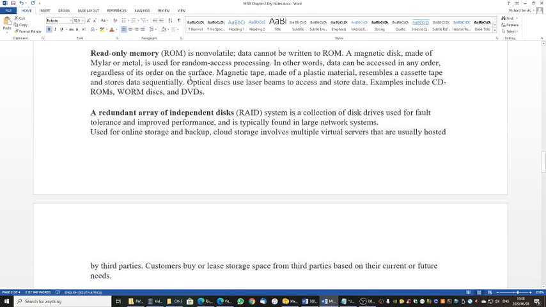Read-only memory, ROM, is known as non-volatile. We have spoken of volatile memory already. Non-volatile, the data cannot be written to read-only memory. We have magnetic disks made of mylar or metal, used for random access processing. To simplify this, you can have magnetic tape, which we used to use in the past.